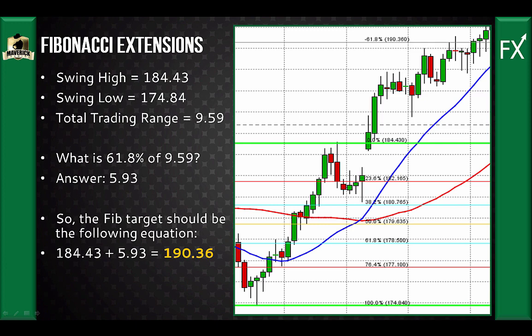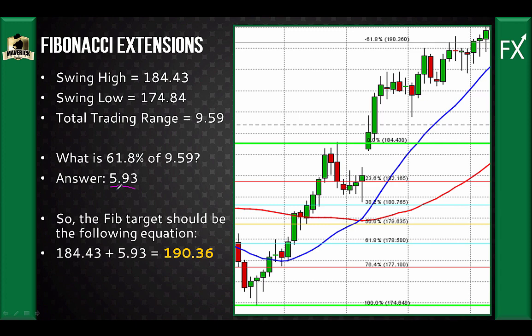So what's 61.8% of 959? Well, you can mathematically calculate that out. You can say 61.8% of 959, do it on your calculator. Or, of course, the drawing tools will do it for you, but we're showing you the math. 61.8% of 959 is 593.